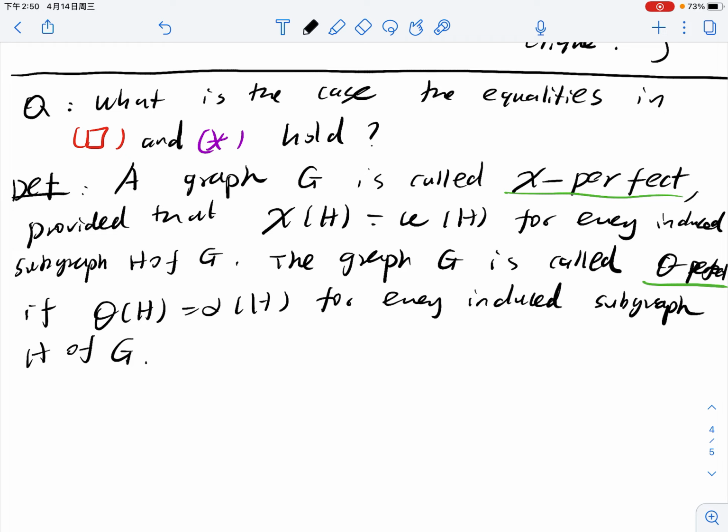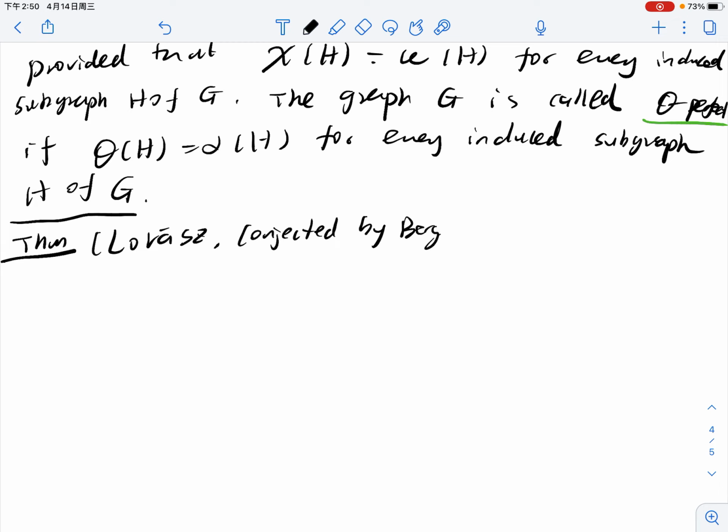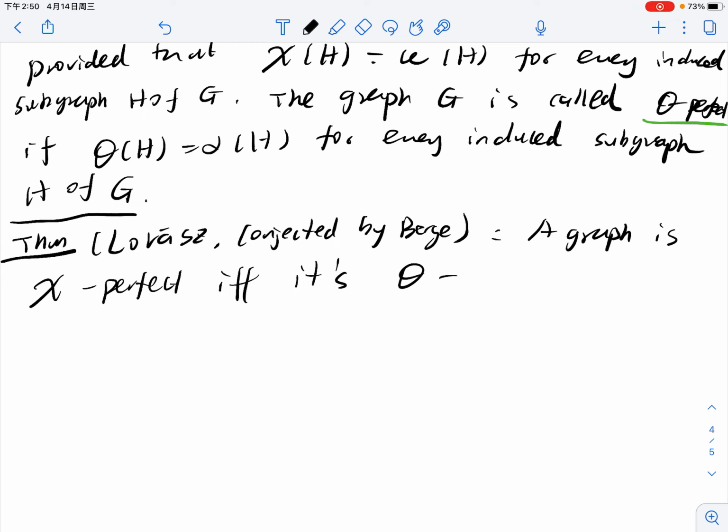We are almost doing something abstract nonsense, because it's just what the definition requires. But an interesting and astonishing property proved by Lovász, which was also conjectured earlier by Berge, is that a graph is chi-perfect if and only if it's theta-perfect.